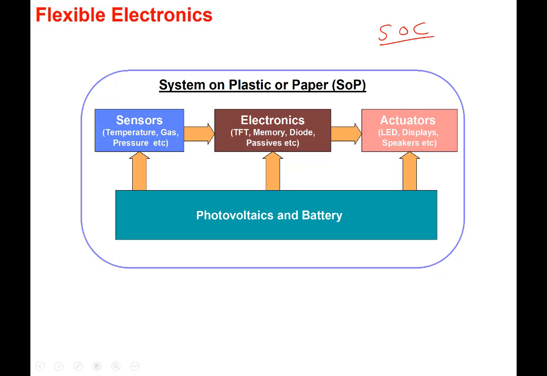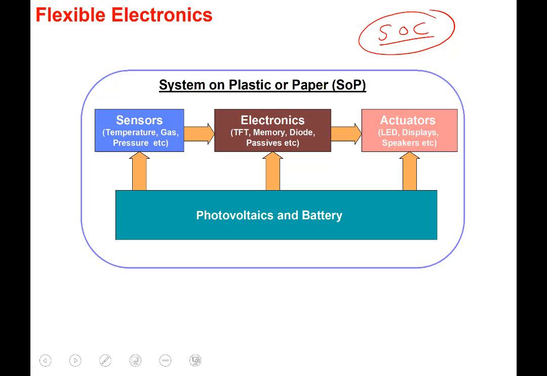You can make the battery monolithically. You're not taking a battery and separately adding it. No, you can make the battery on plastic. You can make the sensors, you can make electronics, you can make actuators, you can do all of that. So literally, in fact, system on chip is not the right word. The complete system, if you look at a cell phone and all that, is on a PCB.